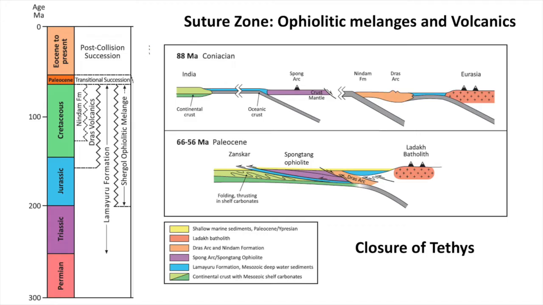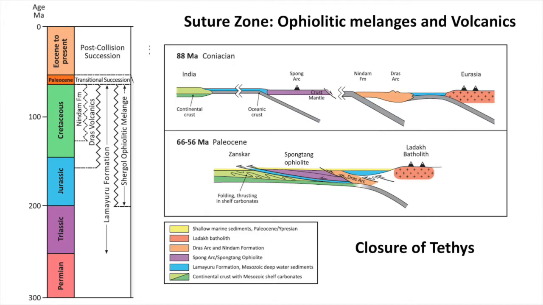And the diagram I showed you before of the Tethyan Ocean was a simplification, because you had two subduction zones within the ocean, one against the Spong arc and one against the Dras arc. And these volcanic arcs all got compressed together and accreted onto Asia.